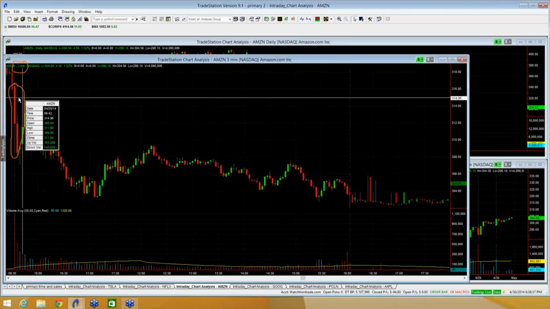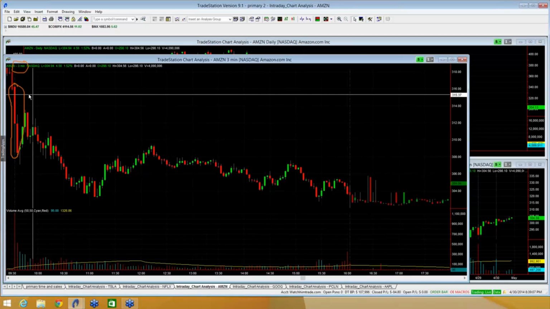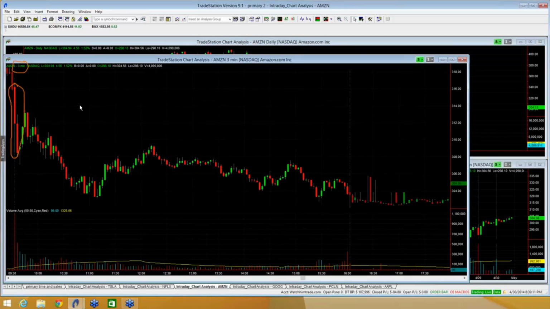You can see the stock opened at 316 and within the first 6 minutes of the day was down at 308. So you put in an $8 range right off the bat. First 10 minutes of the day you went down to 307 for a $9 range. Throughout the course of the day, Amazon gave a good move to the downside and a nice bounce back up.